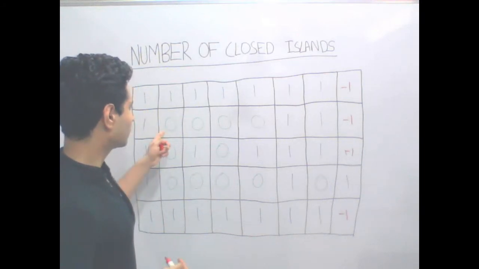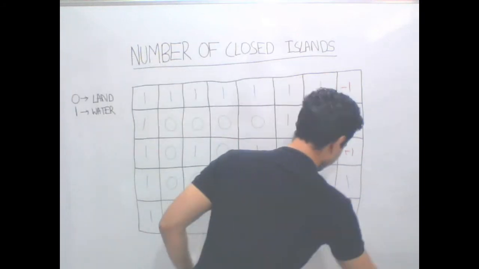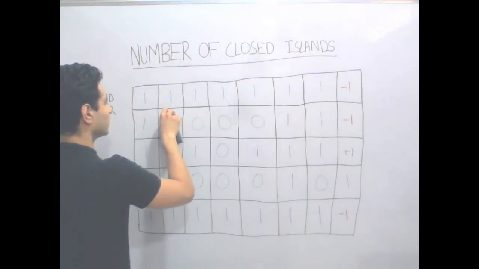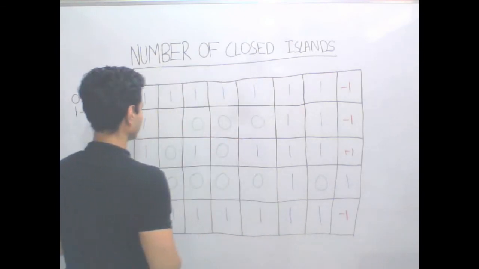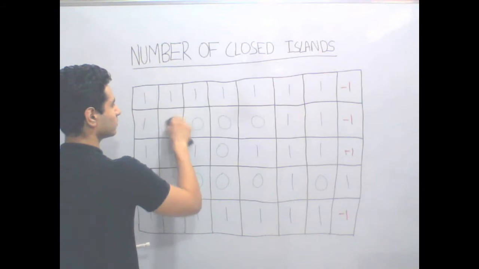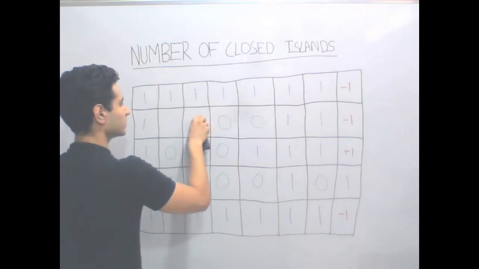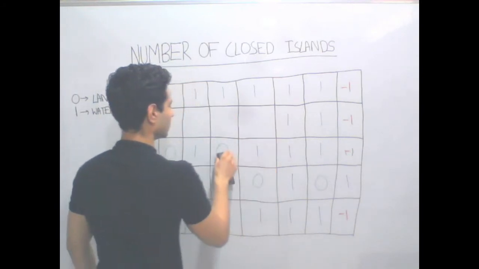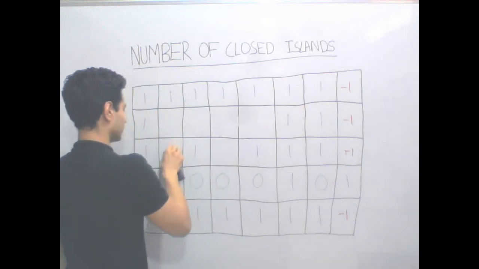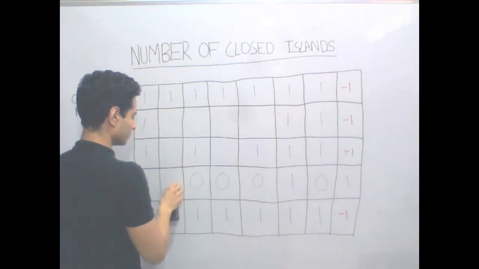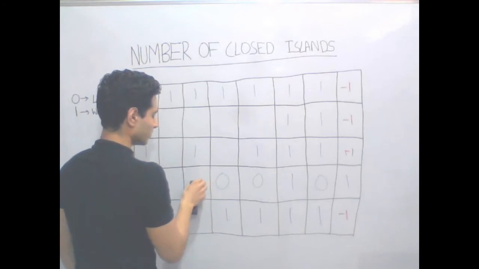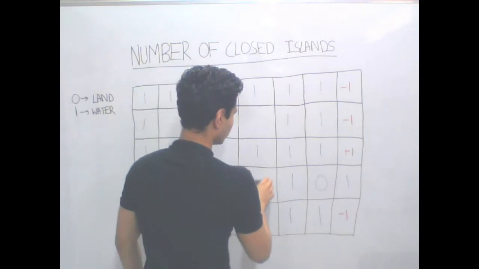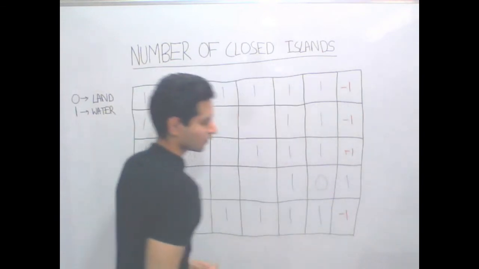So here we can start from this node and see what all nodes it belongs to. By doing DFS, its neighbors would get -1 because we have visited all of them. After doing a DFS on this node, we will increment our answer by 1, that we have found an island, a group of zeros.